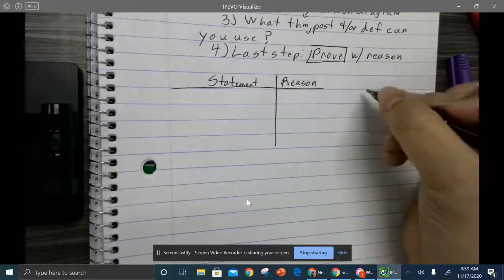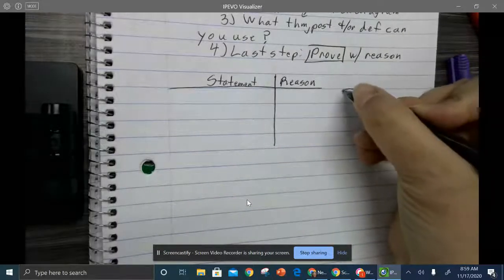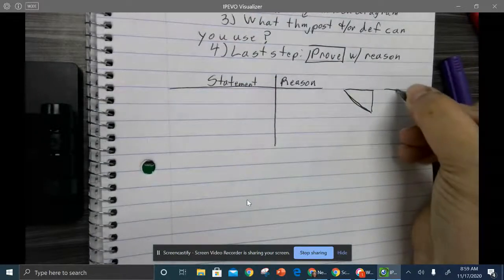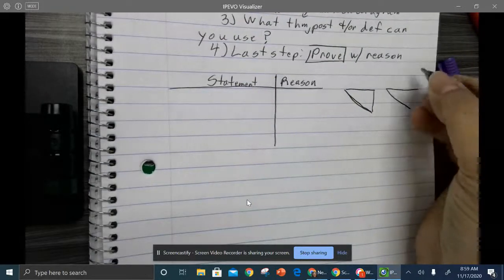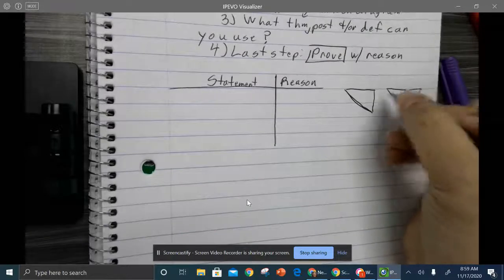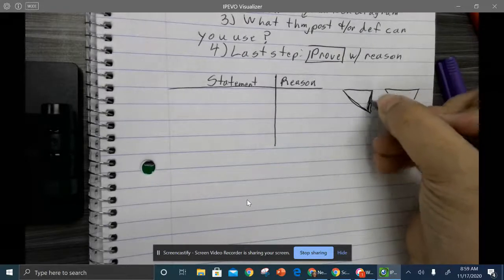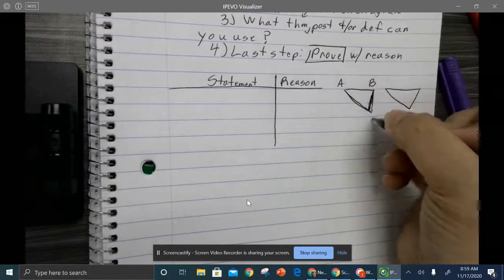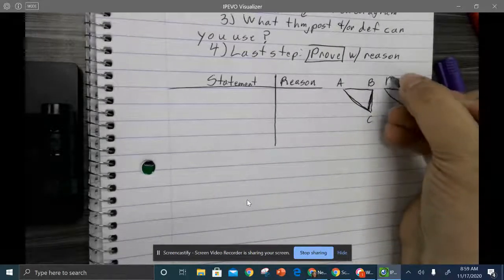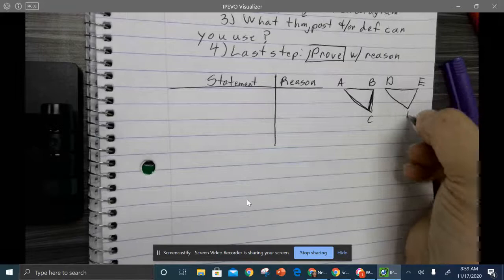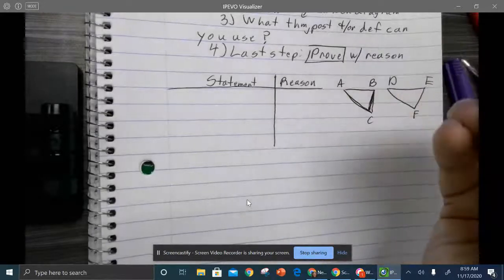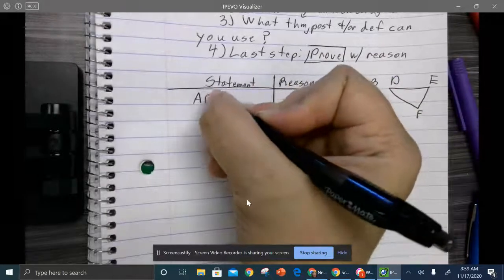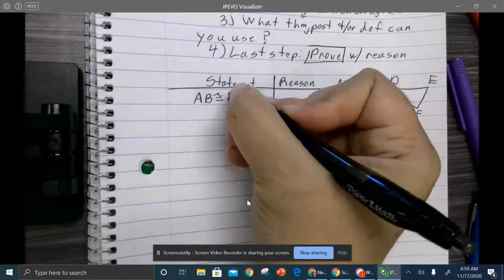Okay, and I'm going to do my diagram for this. So it's A, B, C, D, E, F. Okay, so we're given that AB is congruent to DE.